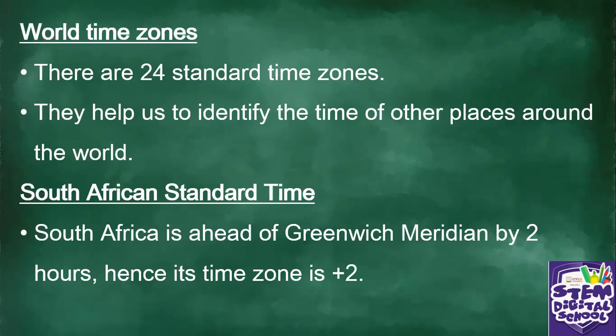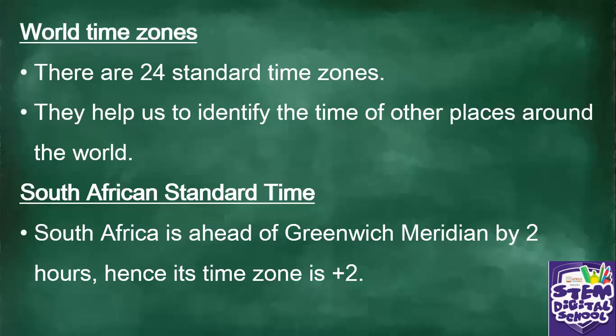First, he has to find out the time in the United States. It might happen that it's not working hours. Maybe they're sleeping. It's 12 midnight in the United States. So you have to know the time zones of other places around the world. So that is the importance of knowing world time zones.